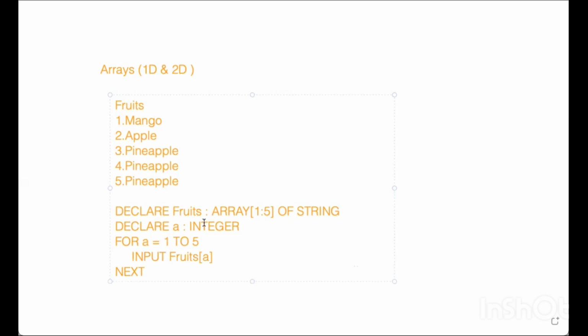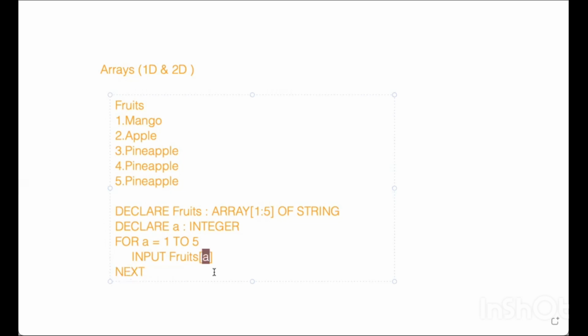So the variable a is of type integer. The initial value of a is 1. So this means for the very first time when this array will be accessed with this variable a, we're going to access the first index 1 of this array. And the value that is input will be stored on this first index 1 of this array. Then next would increment the variable a by 1 and it becomes 2.